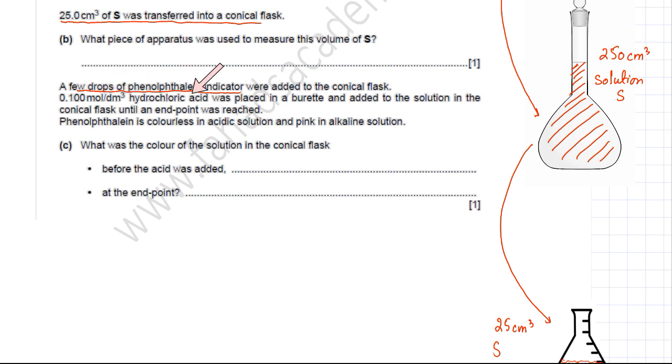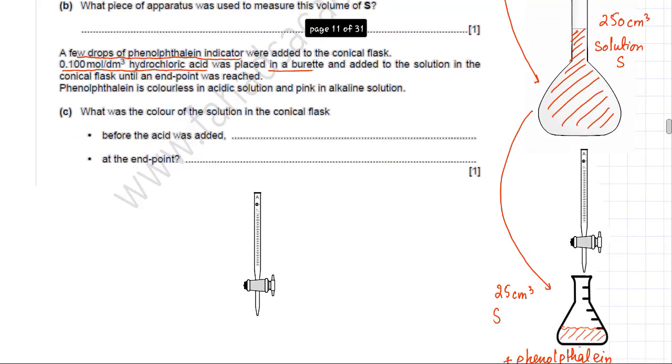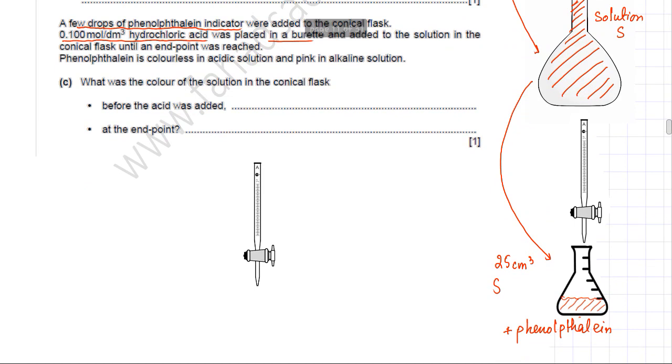0.1 mole per decimeter cube hydrochloric acid was placed in a burette and added to the solution in the conical flask until an end point is reached. So he's titrating whatever is in the conical flask. Here is my burette, and he's filling it with 0.1 mole per decimeter cube hydrochloric acid, HCl.